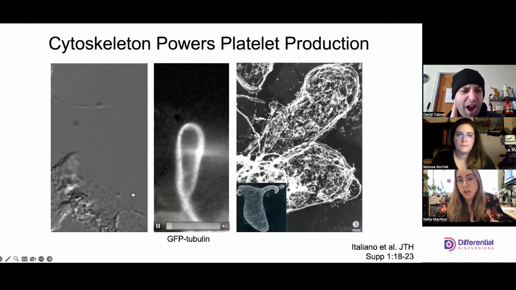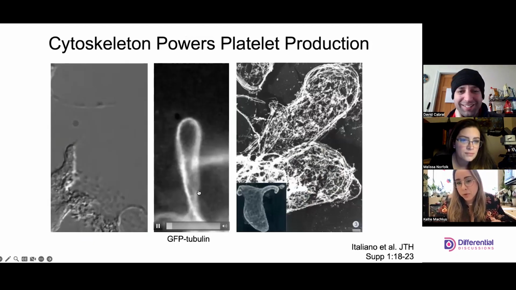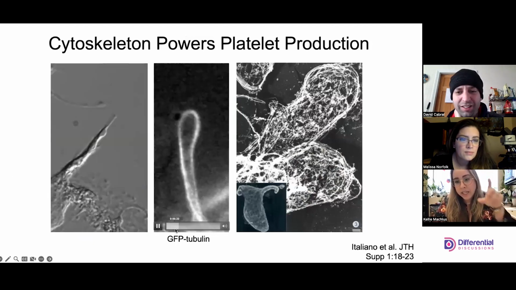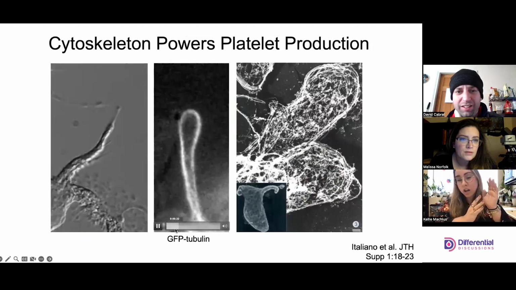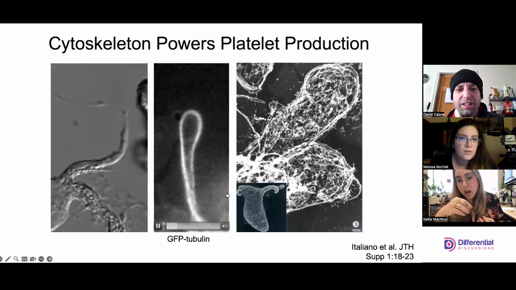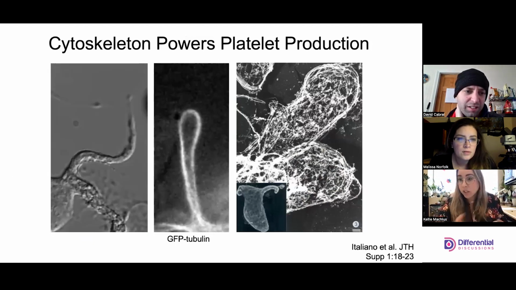So this is an up close of the cytoskeleton. The tubulin is labeled so you can see what's actually happening is that they're polymerized and they're sliding. It's one of the things that Joe figured out, that it's like a telescoping mechanism.